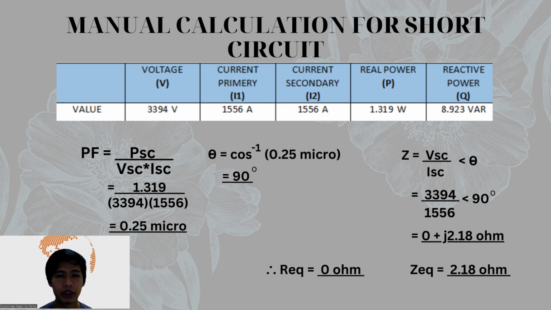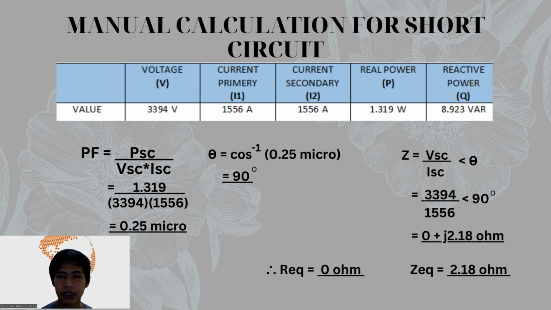Like you have seen on the table at the top, the values for voltage, primary current, secondary current, real power, and reactive power I get from the simulation that I have done before.